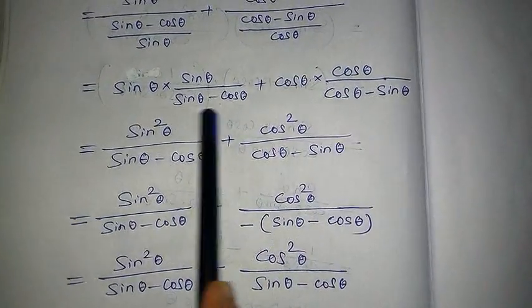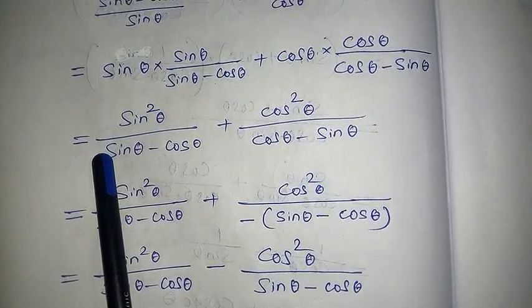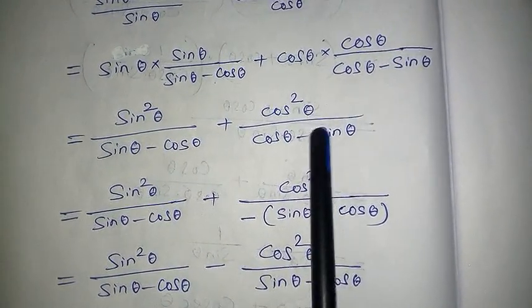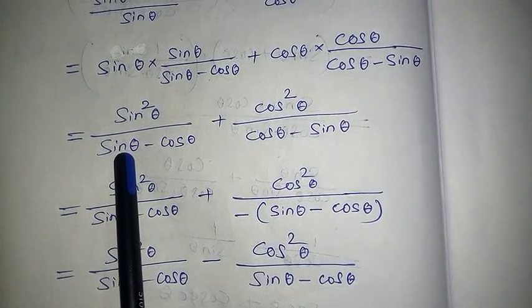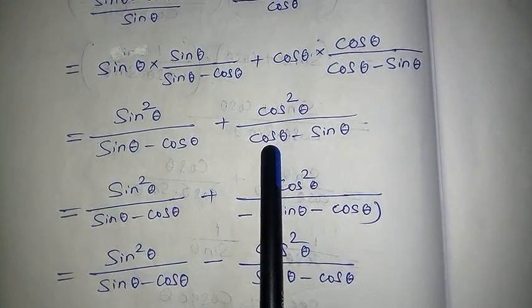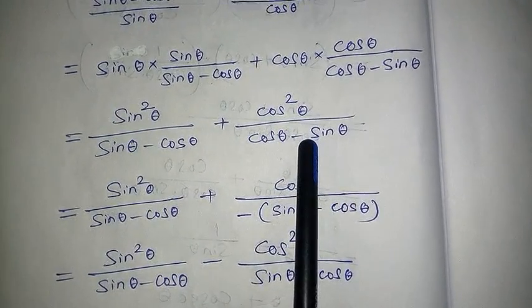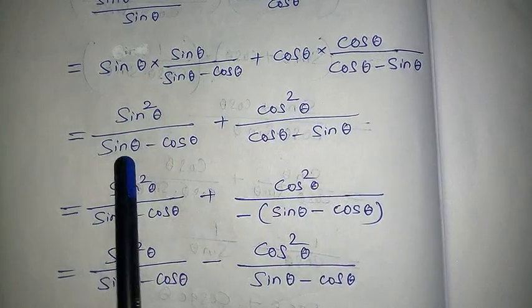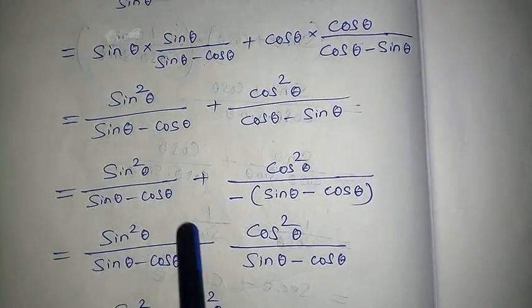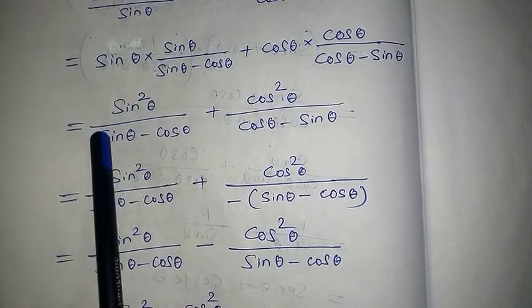After reaching this portion, you can see that the denominator of this portion and this portion is almost same. But what happened? Sin theta here is in the first position, cos in the second, and here cos is in the first, sin is in the second. Had it been plus plus, then the meaning would be same, but because of minus, the meaning is not same. So what I targeted here is to make this denominator also same like the first one.